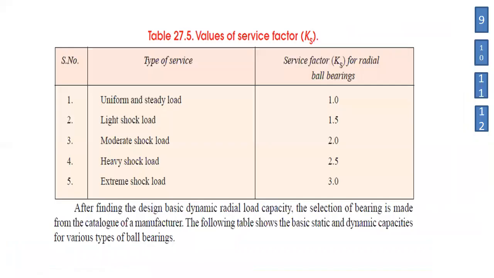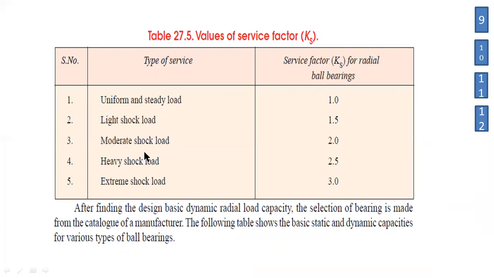This is a data handbook. This data we have to consider for design of rolling contact bearings. These are the service factors for radial ball bearings. For uniform and steady loads, we have to consider service factor Ks as 1. For light shock loads, Ks as 1.5.